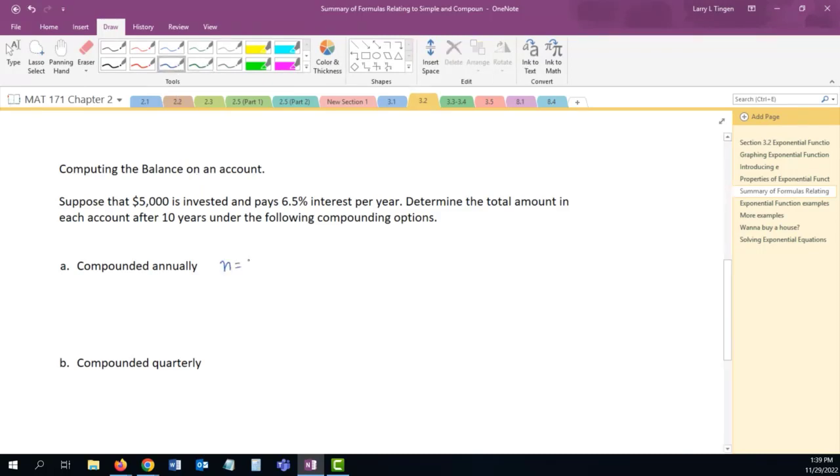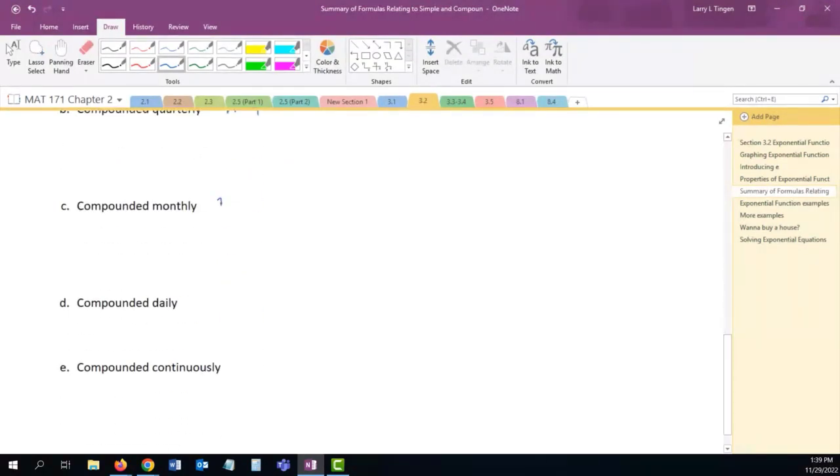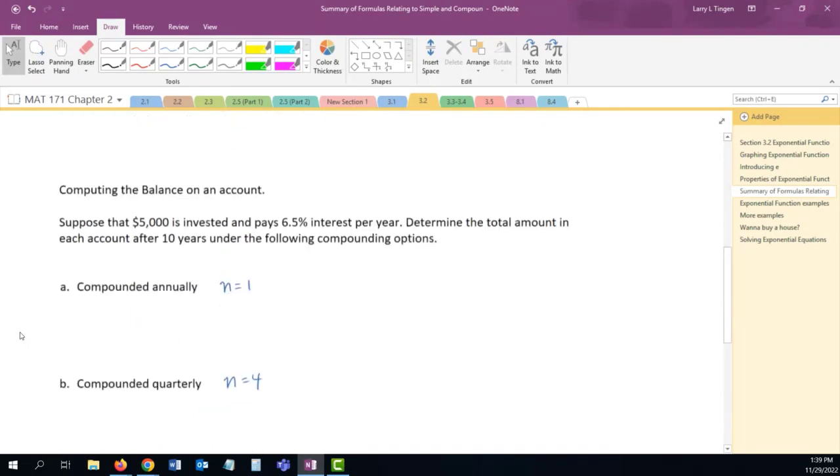Compounding annually means n is 1, quarterly n is 4, monthly, which is usually what bank accounts do, n is 12, daily would be 365, and compounding continuously is when we use a different equation.